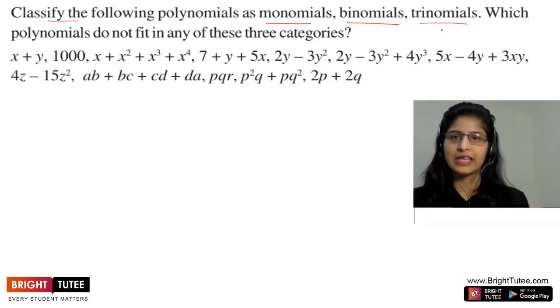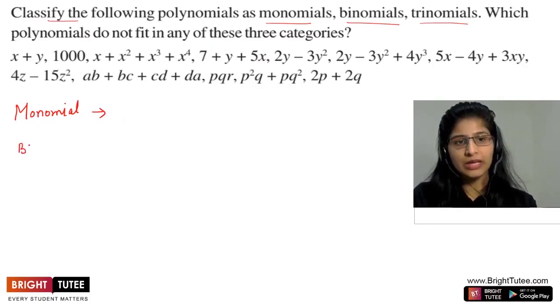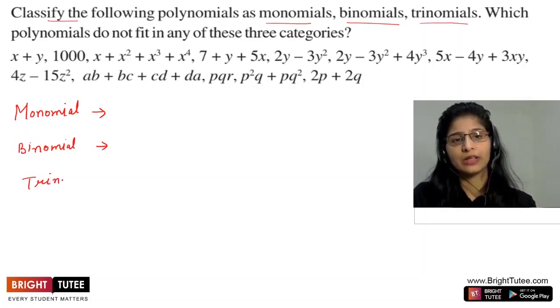Other than these, if they have any other number of terms, those we have to write separately. So I will write monomial, binomial, and what is the third one, students? We have to write trinomial. And after that we have to write the ones that do not fit in these categories.